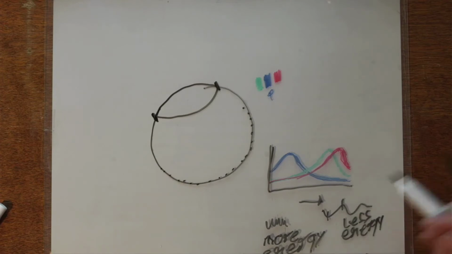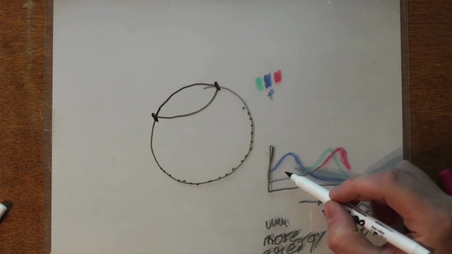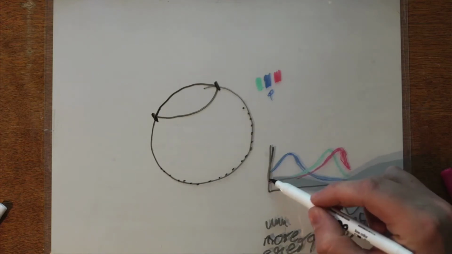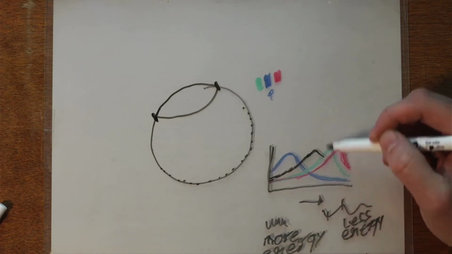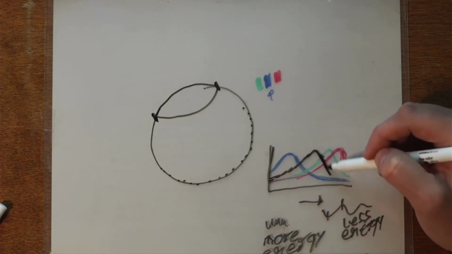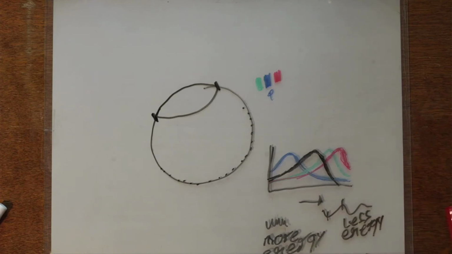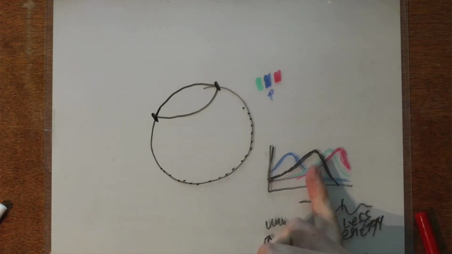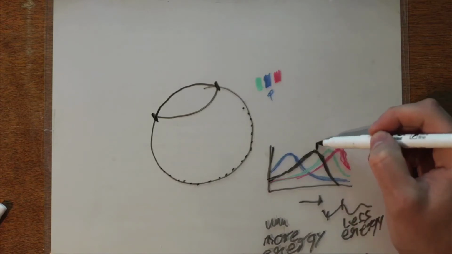Then the rods in our eyes see something like that. They're responsive to essentially the average of all these three. This peak is actually a little bit further this way.